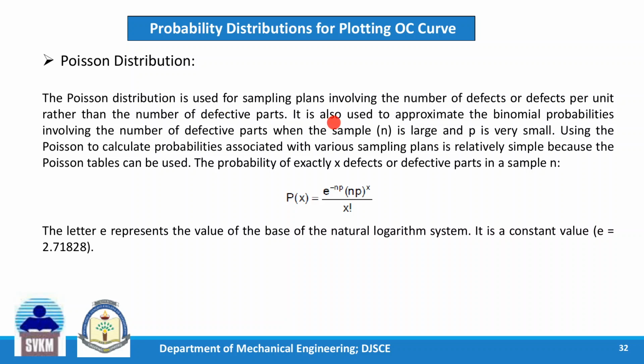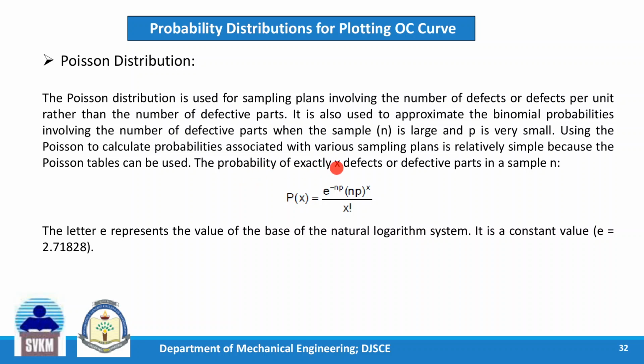It is also used to approximate the binomial probabilities involving the number of defective parts when the sample n is large and p, the fraction defective, is small. Using the Poisson to calculate probabilities associated with various sampling plans is relatively simple because the Poisson tables can be used.